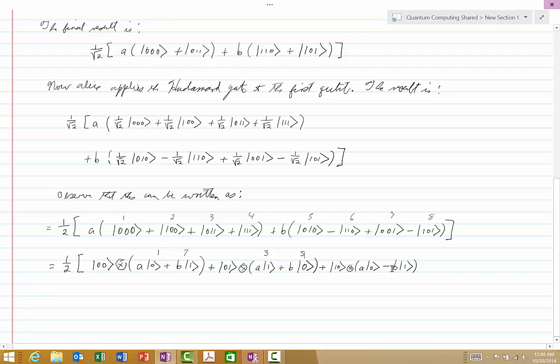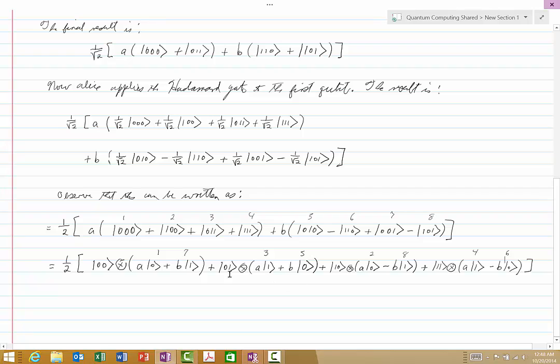Now for the third parenthetical term, we have 2 and 8, and then finally this final term comes from terms 4 and 6.